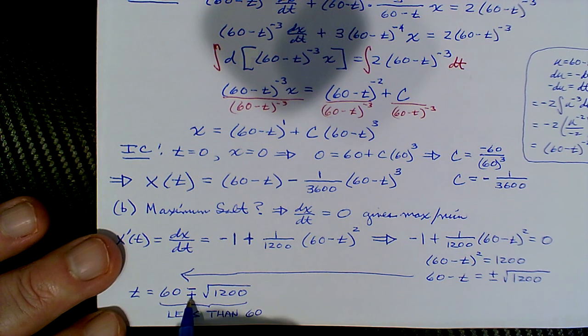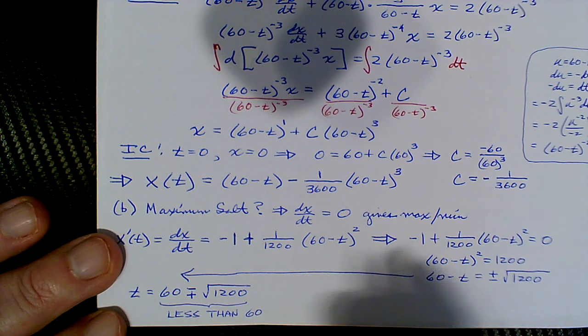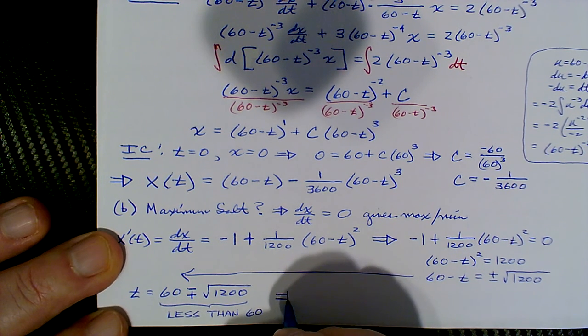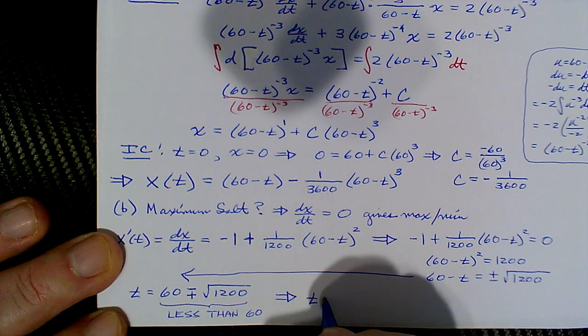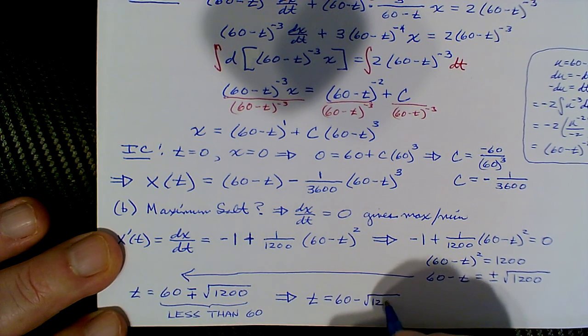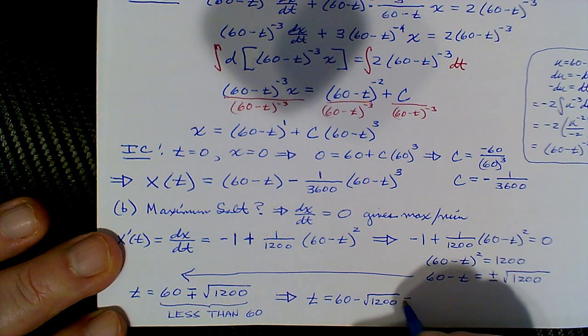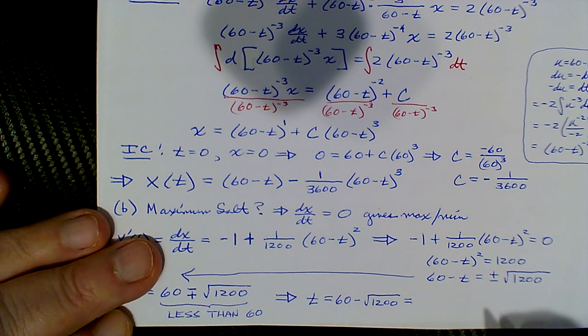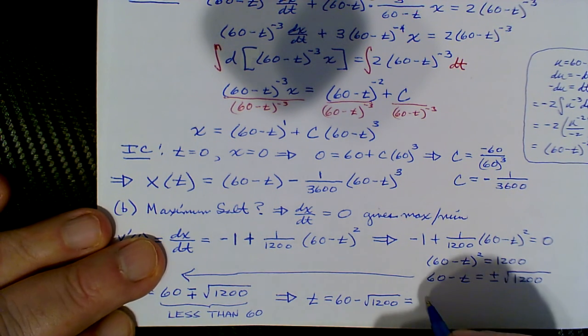So it can't be the plus because you'd have 60 plus something. So then our answer must be that t is equal to 60 minus the square root of 1200, which gives us 25.36 minutes.